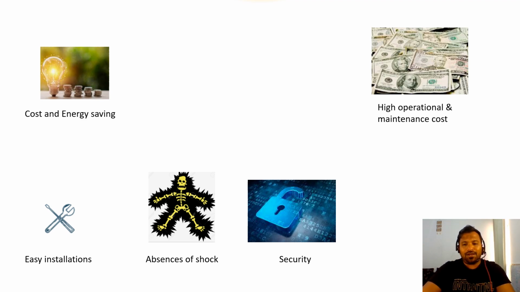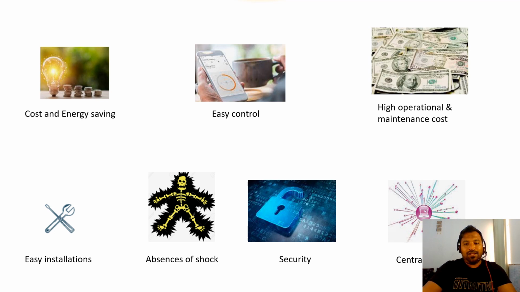Nowadays everything is connected to the internet, so this type of network will also be connected to the internet, and this type of installation is secure. And it is centrally operated, so with one mobile you can operate it with easy control. In this type of installation we don't require any switches.